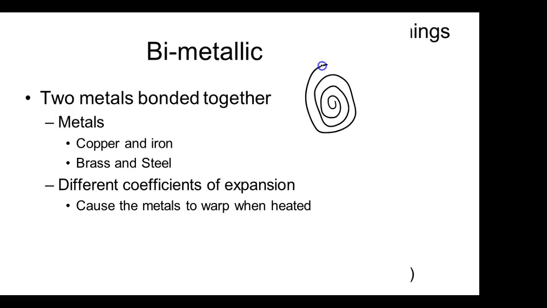What you're doing when you set the temperature is you're changing the tension of the coil. That's all you're doing. That makes sense? When it heats up, it tries to uncoil. When it cools down, it tries to do what? Contract, because of the two metals.